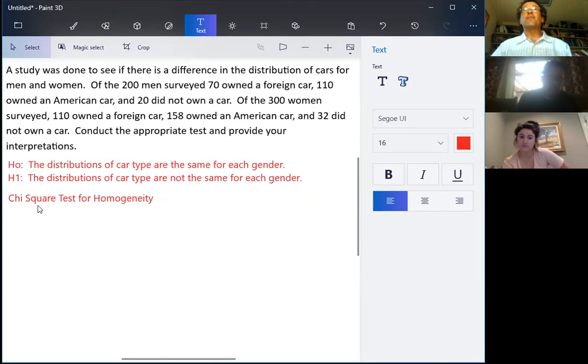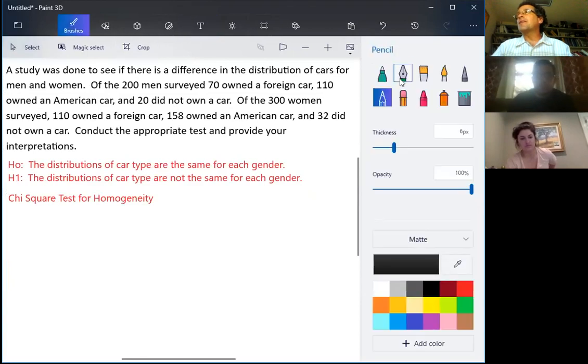Chi-squared is math, though. Now we don't have observed and expected anymore. Now we have observed and observed. So we're still going to draw a table, but it's going to look a little different because it's not observed and expected.